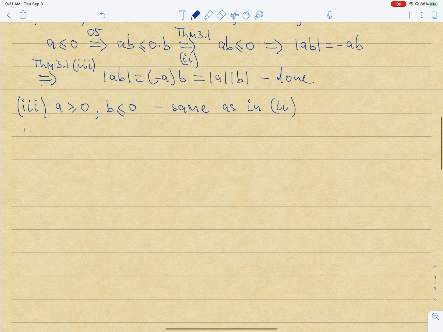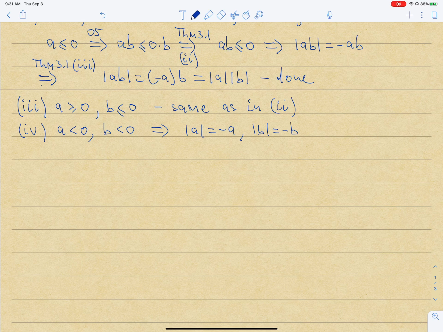And then item number 4, last possibility. A is less than 0, B is less than 0. So what are we going to do in this case? Again, by definition of absolute value, in this case, absolute value of A is the same thing as minus A, and absolute value of B is minus B. Okay, fine.